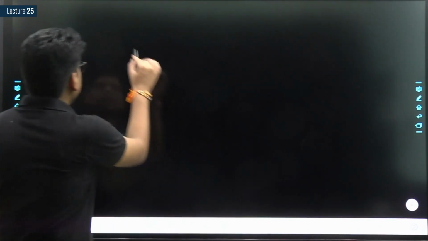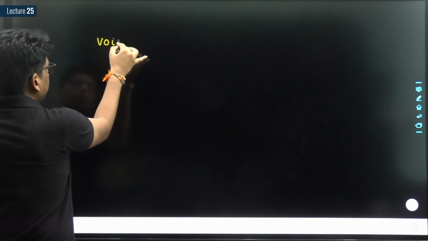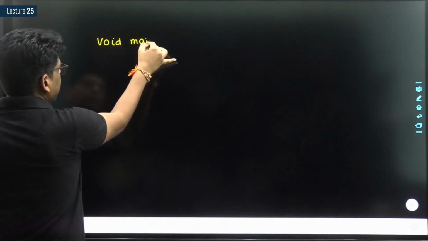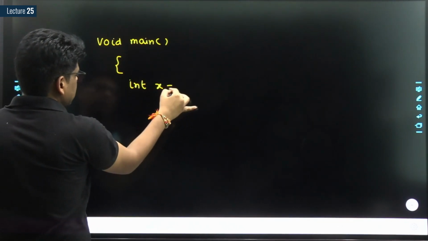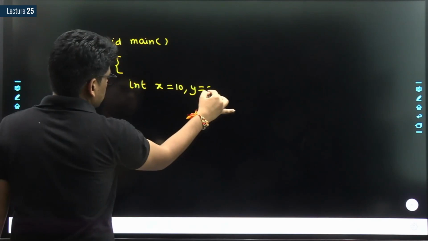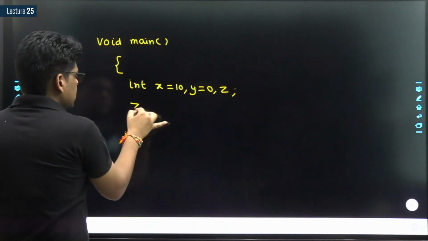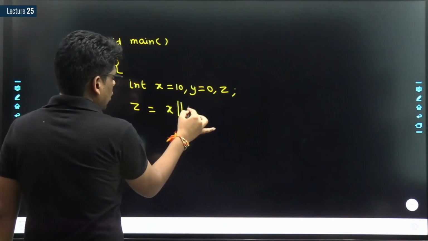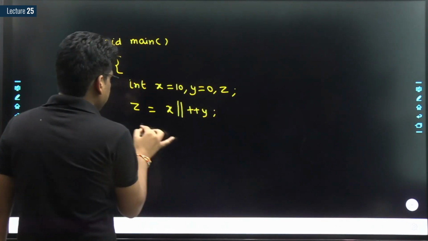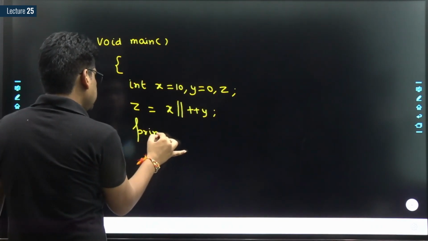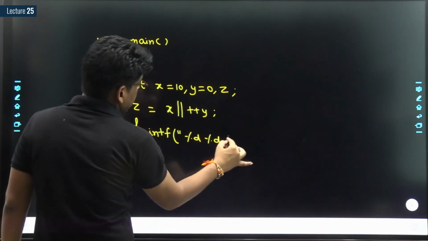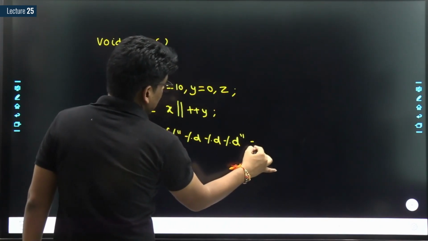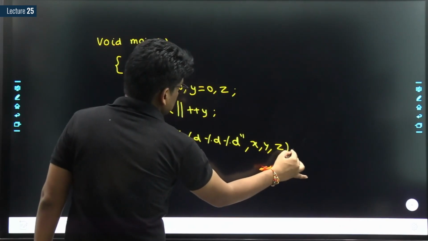So try to understand now. Sir, void main, int x equal to 10, y is equal to 0, z is equal to x or plus y, printf %d, comma x comma y comma z.